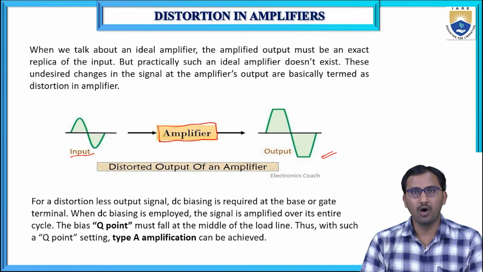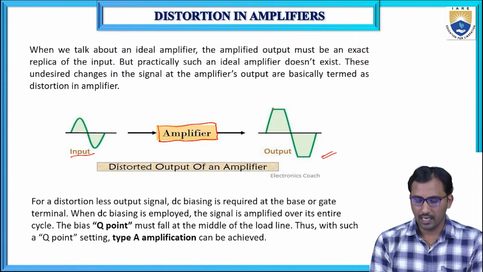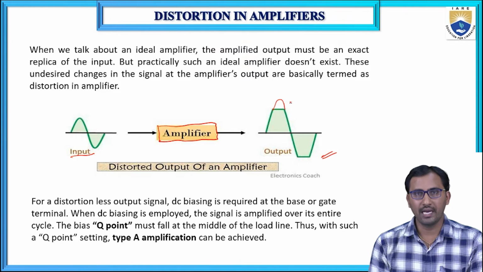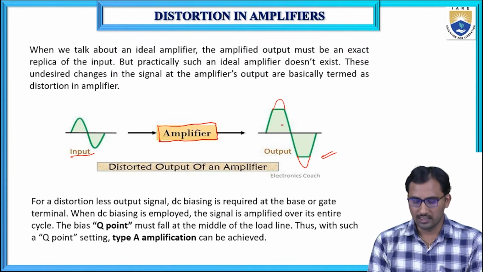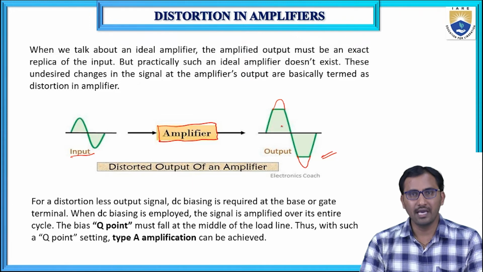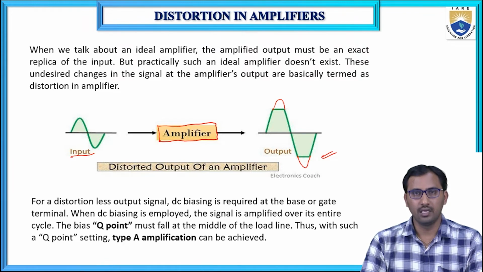But the shape of the output waveform is not similar to the input waveform because there is clipping. It takes place at the peak of the positive cycle, and also at the negative peak of the output waveform. So this is called distortion because there is a variation in the output waveform with respect to the input waveform.